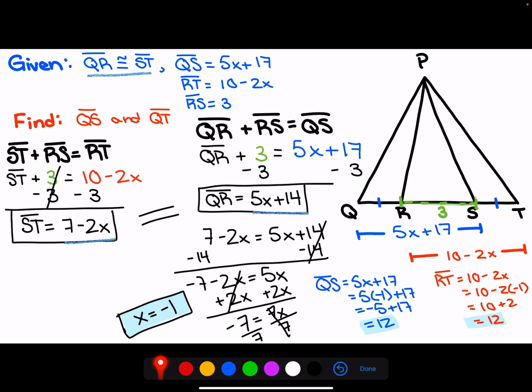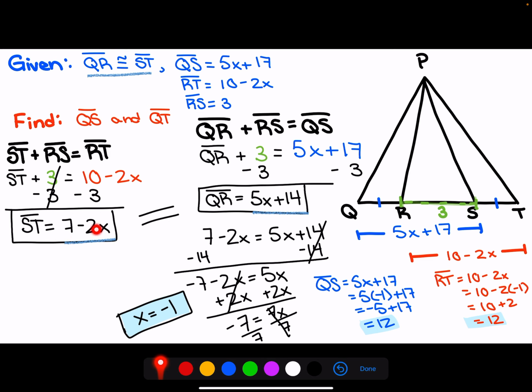So I can say ST plus RS equals RT. So ST plus RS equals the entire thing RT. Substituting in my values, I now have ST plus 3 equals 10 minus 2x. And subtracting 3 from both sides, we get ST is equal to 7 minus 2x.